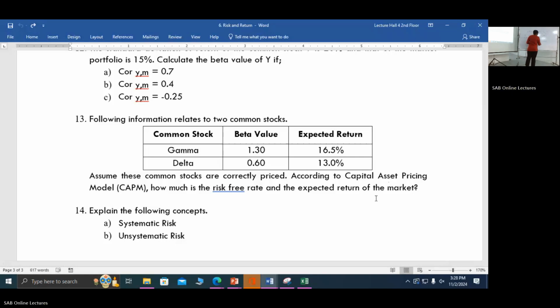We bring this to this side and make it positive. So 0.7 market risk premium is equal to 16.5 minus 13.